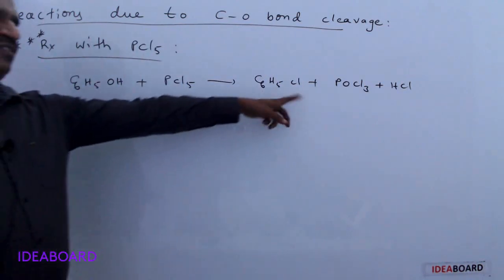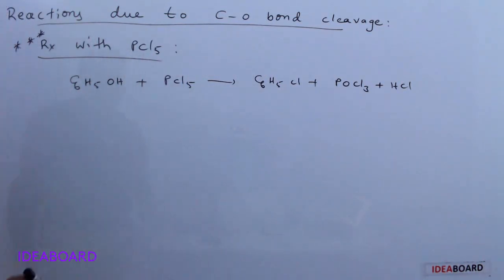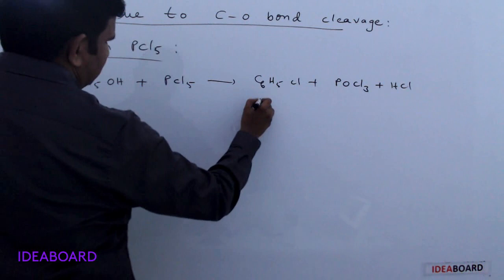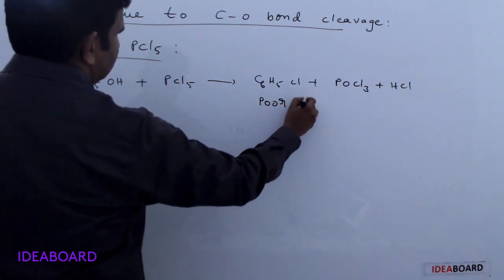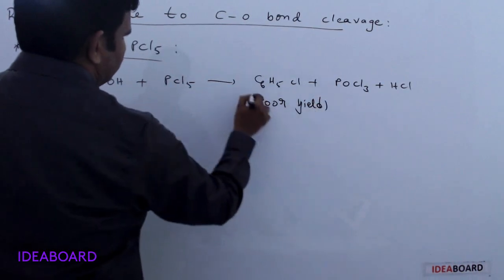We think chlorobenzene is the major product, but actually it is a poor yield.